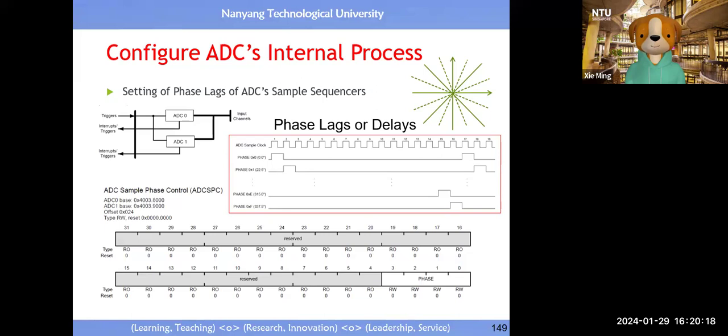Then the first ADC takes 100 samples, the second one takes another 100 samples. Together means what? You have 200 samples, right? Just now I mentioned maximum speed is what? 1 million per second. With this arrangement, with the offset, they can achieve 2 million per second. Understand? This doubles the number of samples.